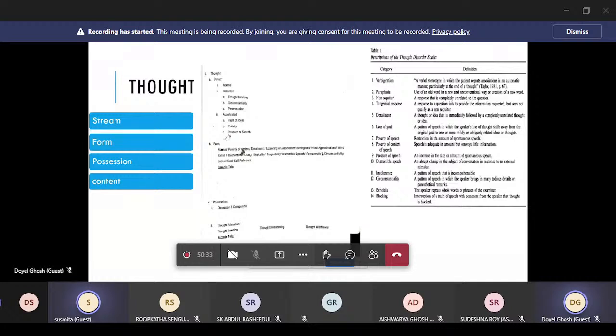In flight of ideas, what happens? There will be many ideas. Generally it happens in the mania phase. There are many ideas, and there is this train of thoughts. The person is speaking about space, and then about the universe, and then about planet systems, and then about water conservation, and then about ecosystem.